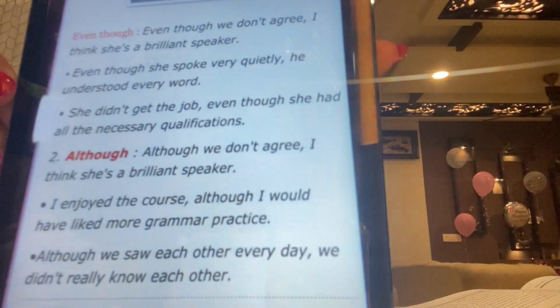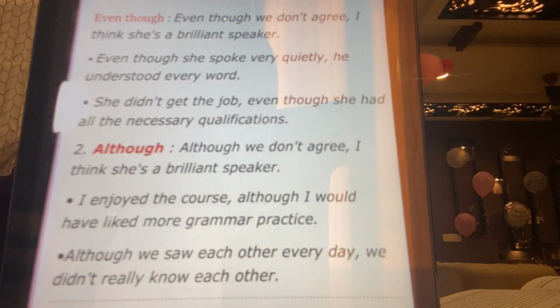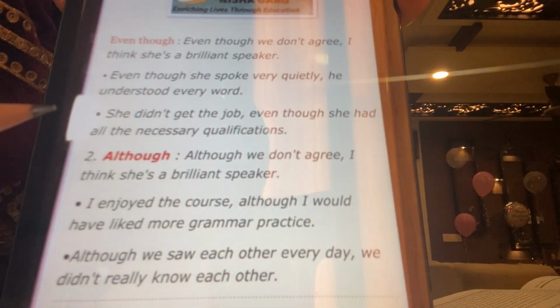I am now switching towards the second condition which you can use, and I'll let you know later where. First of all, see the examples. So the second condition is although. Let's see the example.